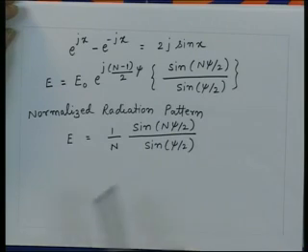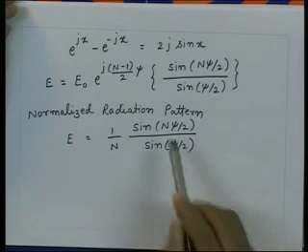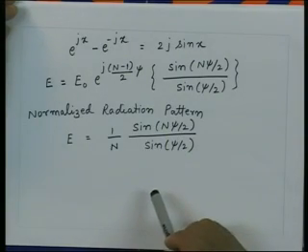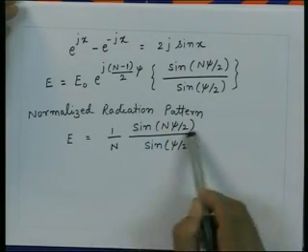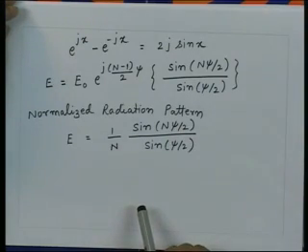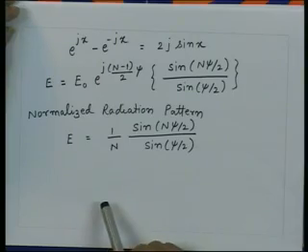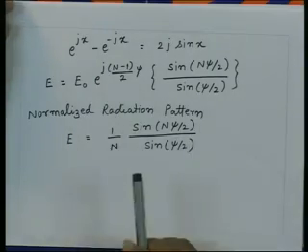So, psi equal to 0 corresponds to maximum radiation. And then we also investigated the directions of the nulls, that is when the numerator goes to 0, that means when n psi by 2 is equal to 0 or multiples of pi, at that time we get the nulls in the radiation pattern.